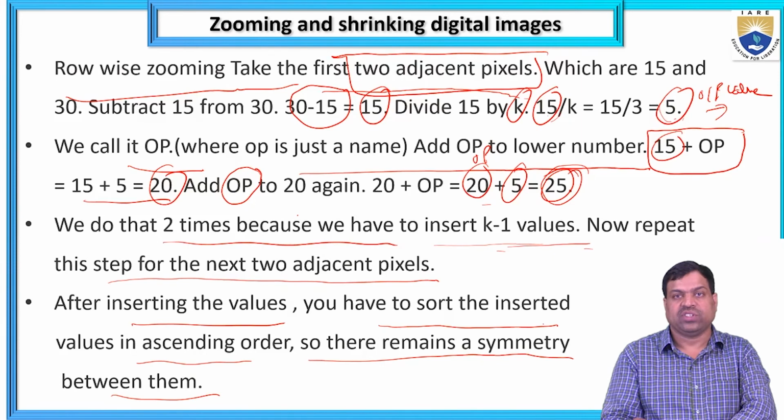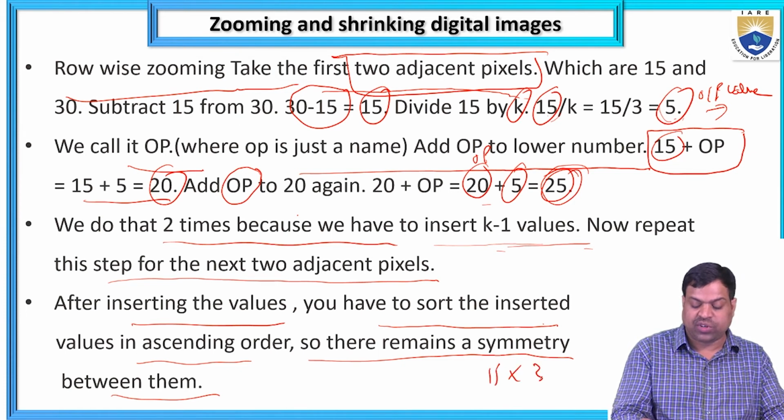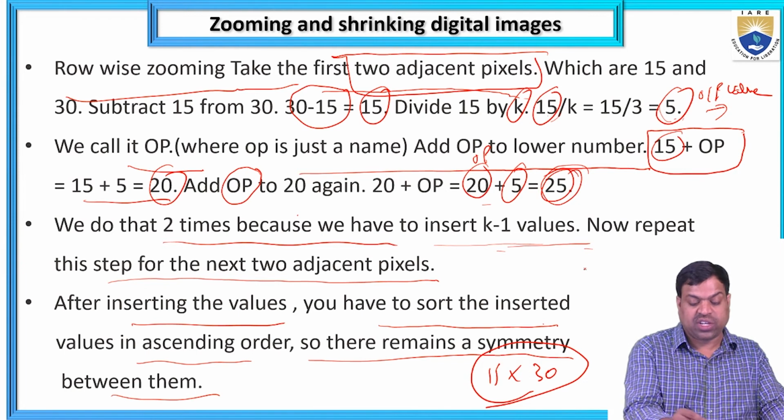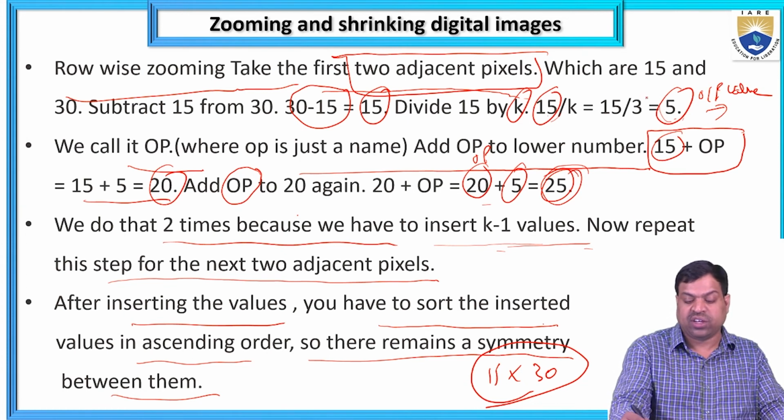It is row-wise zooming. Suppose I am taking a 15 by 30 size: I take 30 minus 15, then divide 15 by the k factor. Taking k as 3 for this example.